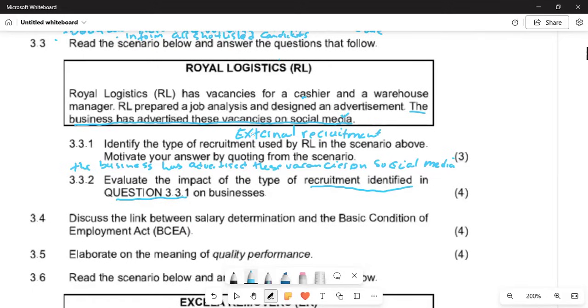So make sure that in 3.3.1, if you failed the method of recruitment and the motivation as well, you're not going to be awarded marks. So let's move to 3.3.2, the impact of external recruitment.